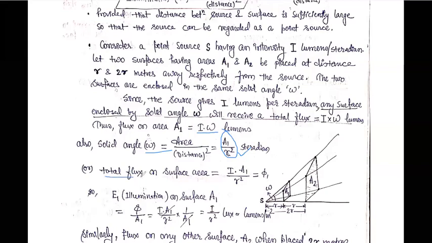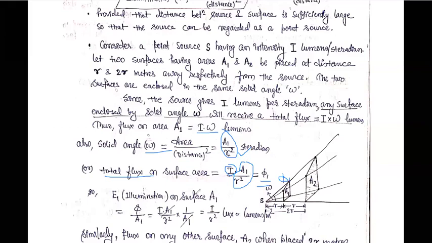So the total flux is I into A1 divided by R square. This is phi1, total flux on the area A1.